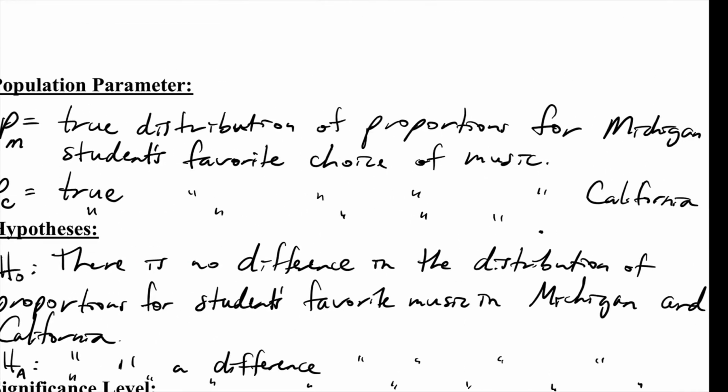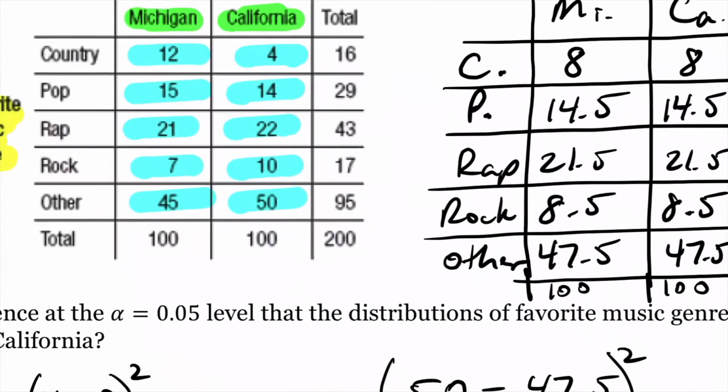If you go and look at the table, there's a difference. There were 12 students who liked country in Michigan, 12 out of 100. There were 4 out of 100 in California that liked country music. There is a difference, but it's not significant enough. There's a difference here. 15 in Michigan like pop music. 14%, I should say.